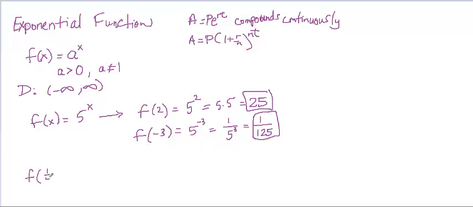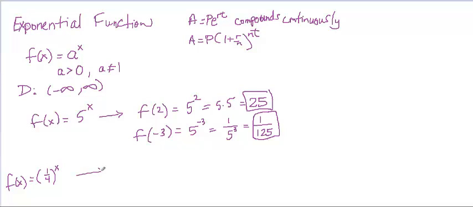Let's do another one where we actually begin with a fraction. Let's do 1/4 to the x as our f of x. Excuse me. Let me get the eraser up here. So we have this, and this is going to be our function. So this is my f of x.